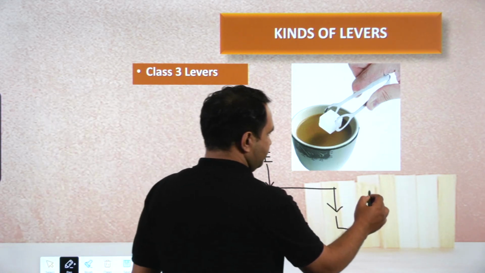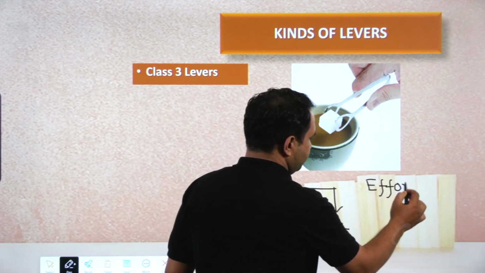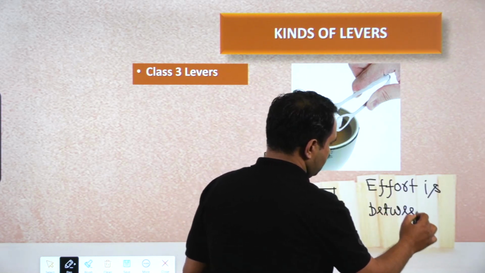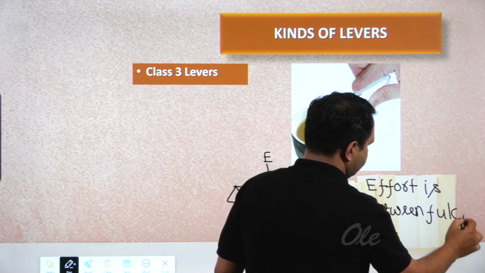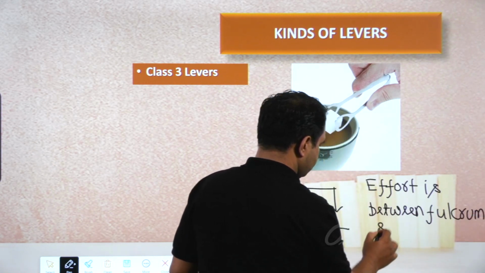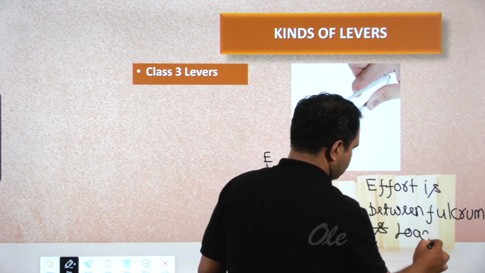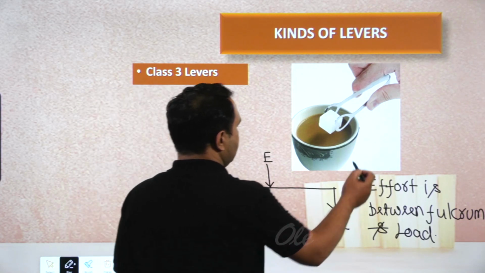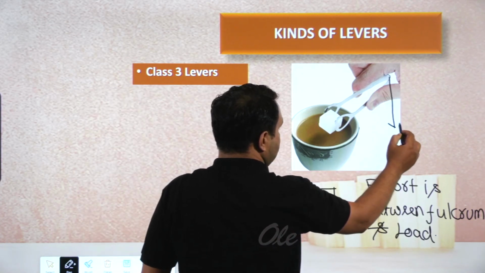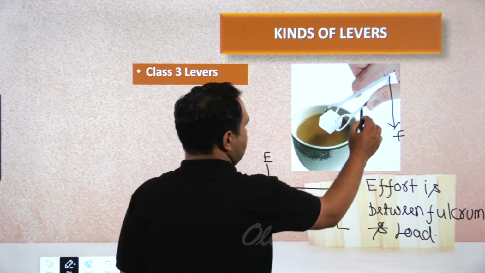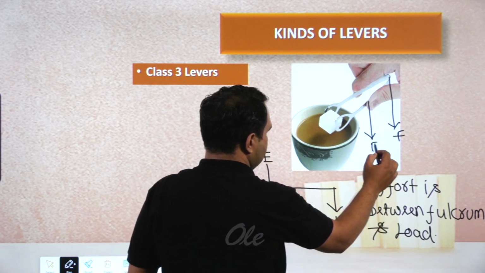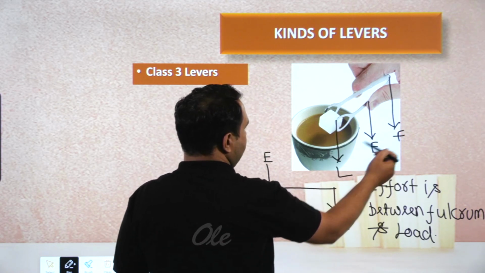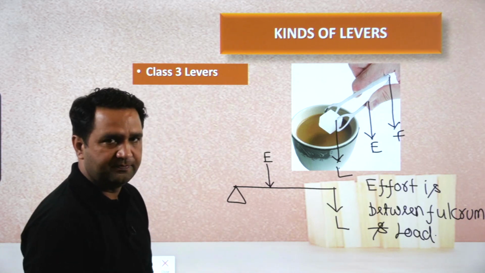Effort is between fulcrum and load. Right. Effort is between fulcrum and load. As you can see, this is the fixed point, means fulcrum. This is the point where we are applying effort, and this is load. So effort is between fulcrum and load, right?